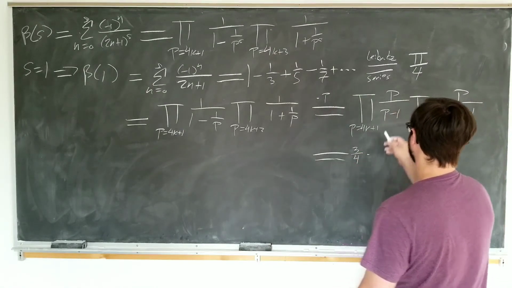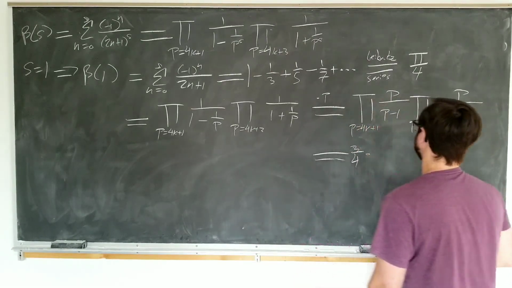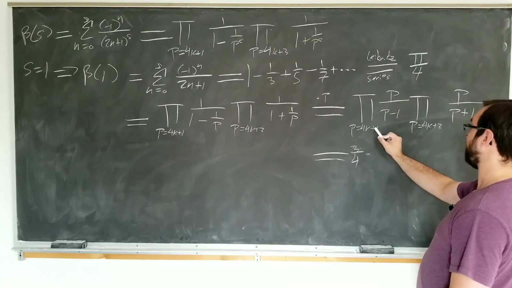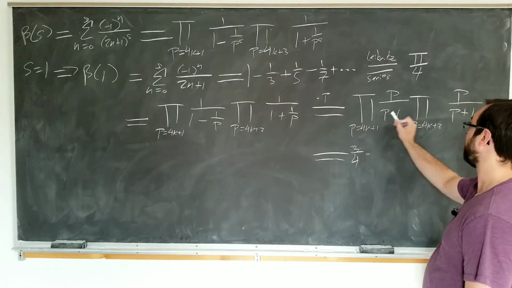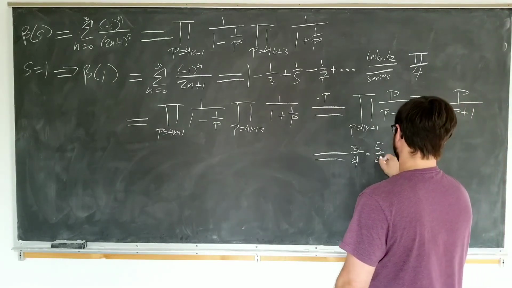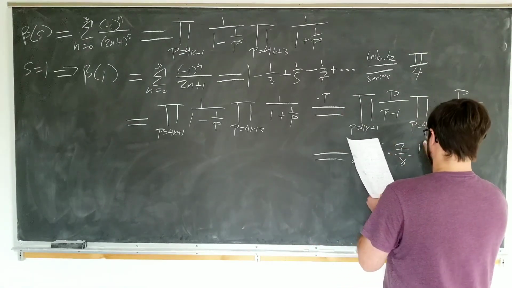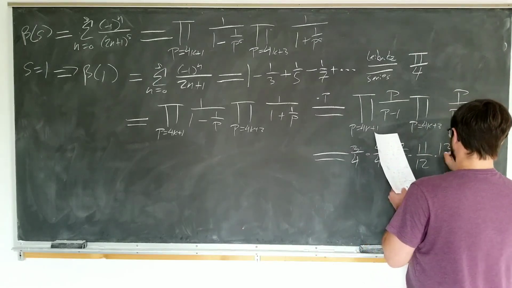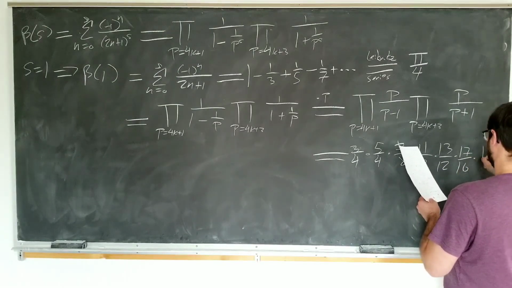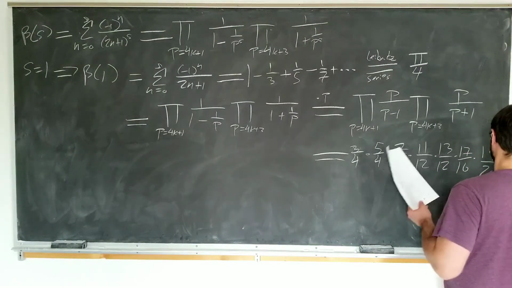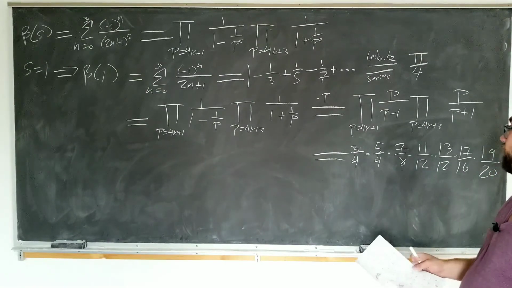Next term comes from here. I'm writing so small today. 3 over 4. Next term comes from here. Plug in 1. We get 5 over 4. And we continue this on for a while to get 7 over 8, 11 over 12, 13 over 12, 17 over 16, 19 over 20, etc. As you can see, it has something to do with the nearest multiple of 4, which you can write in that form as well.